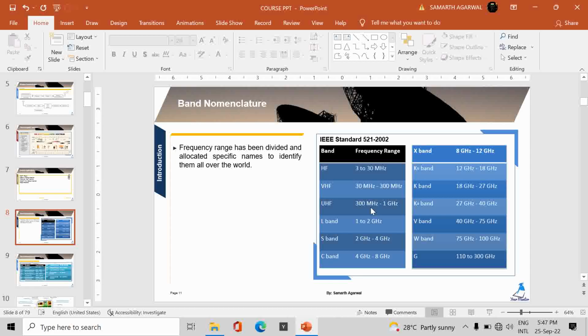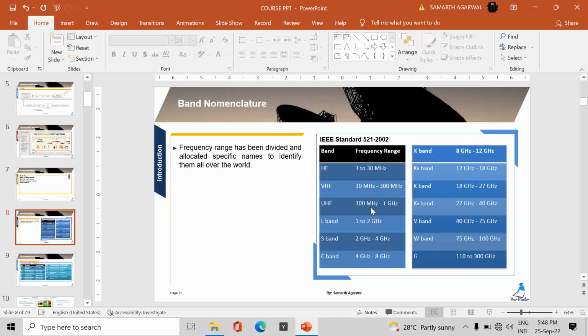This nomenclature is for the standard IEEE Standard 521-2002. A new conventional nomenclature has also come, where E band and Q band are there, so you can go through that also. But the conventional one is still used by most organizations and applications, so that's why I have considered this standard nomenclature: L band, S band, C band, X band, Ku band, K band, Ka band, V band, W band, and G band.